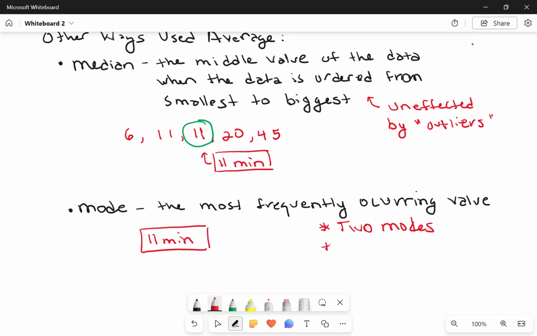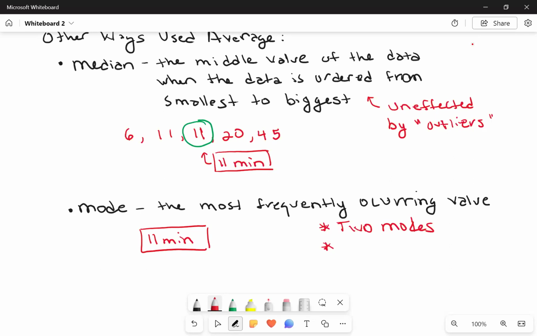And really where it's useful is when you're talking about data where you wouldn't have the ability to find the mean or the median even. Maybe it's data that you collect that's like your natural hair color. You go around and ask everybody's natural hair color. In that case, you would be collecting words, right?